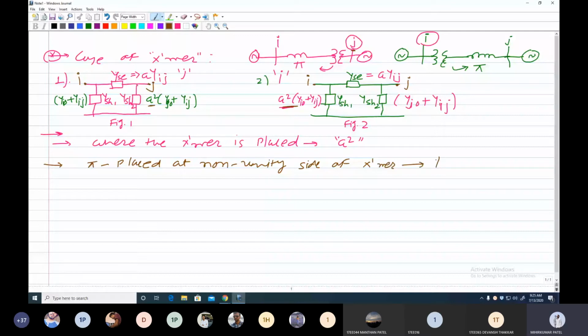Can anyone say why the pi model is considered or placed at the non-unity side of the transformer? In the previous example also we can assume this condition.